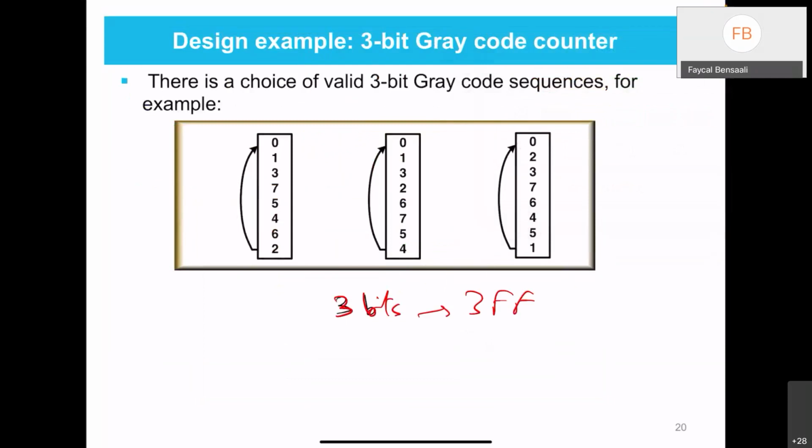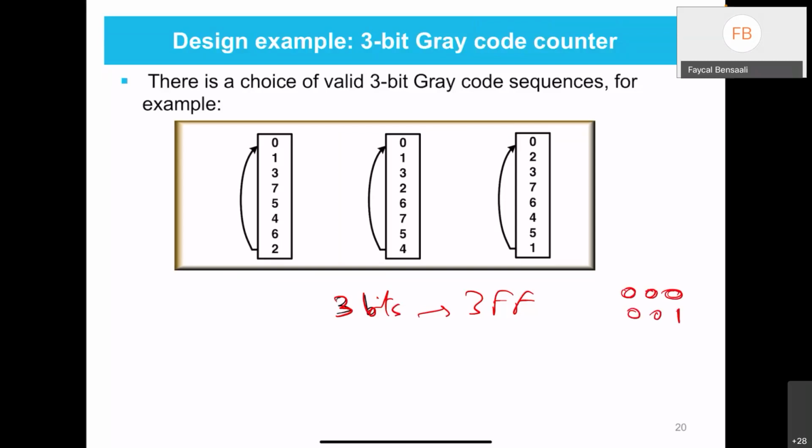You know the Gray code, right? Remember, when we do the K-map, you are allowed, when we go from one state to another, to change only 1 bit. So if I have 0, 0, 0, when I go to the next state, I'm allowed to change 1 bit only. I can do 1, 0, 0.